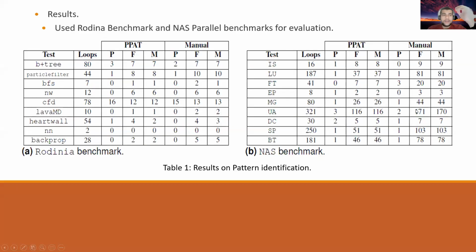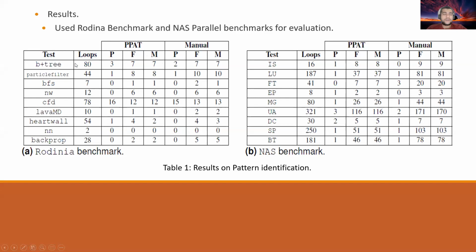And then if you talk about the results, they use Rodinia benchmark and NAS parallel benchmarks for evaluation. So these are standard code segments in the test column, and these are the number of loops, which doesn't concern us. So basically, what this result is showing is that these patterns have been identified by the PPAT tool, and then these patterns over here have been identified manually by developers.